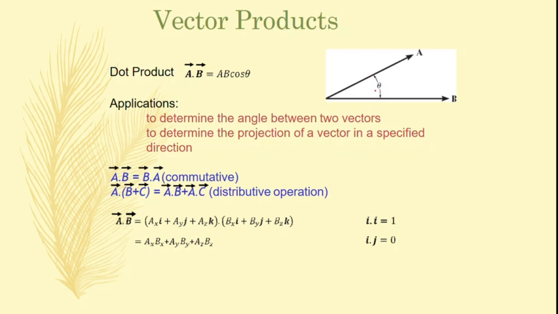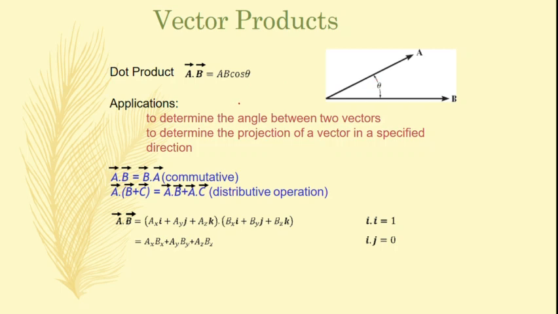Then if we take the dot product of these two vectors a and b, it is AB, where A is the magnitude of vector A and B is the magnitude of vector B. It is actually equal to the magnitude of A multiplied with the magnitude of B and multiplied with cos theta. It is actually AB cos theta, and theta is the angle between them.